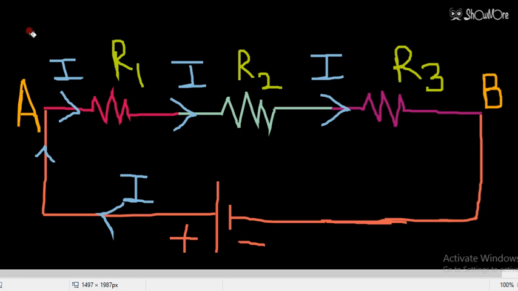So this is the start point. You can note down this point: if the current is same through the three resistances or two resistances or as many resistances, then we say that the resistances are in series combination.